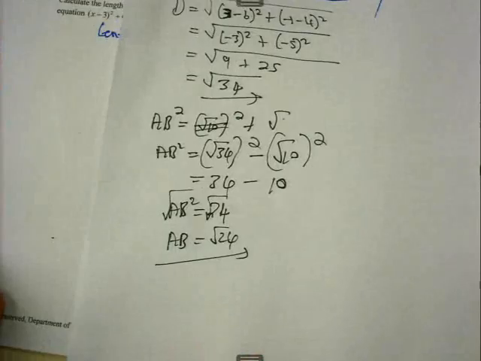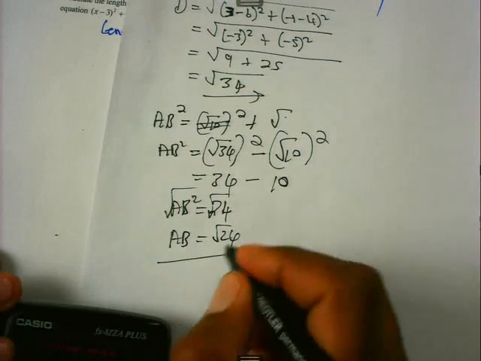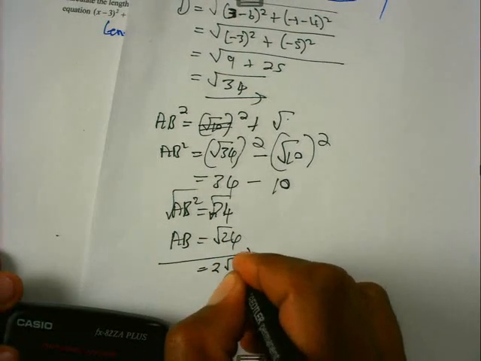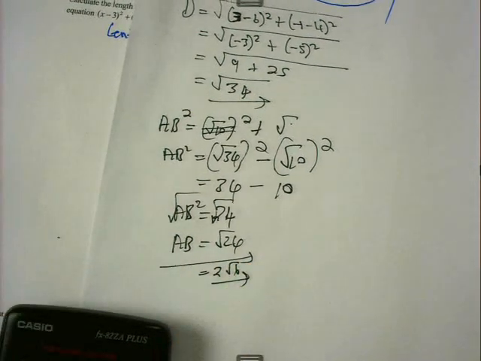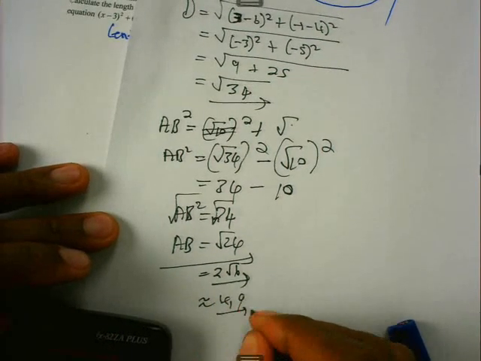If you use your calculator, the square root of 24 is 2 square root of 6. But when you write it down as a decimal, you will get 4,90.